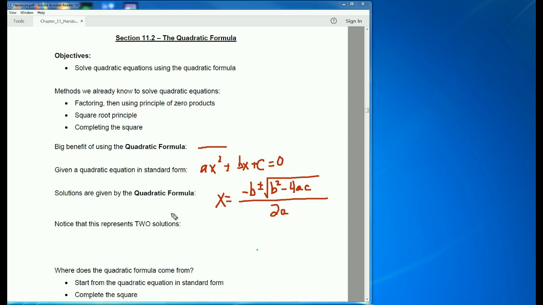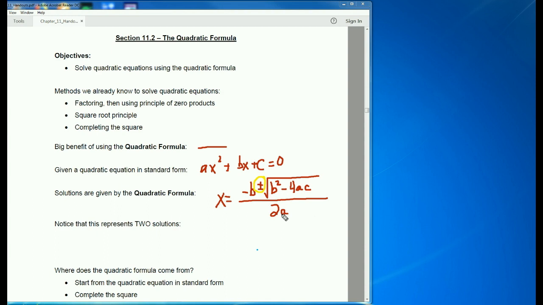Okay? And I do want to point out that this gives 2 solutions because of the plus or minus right here. Now, I don't want to write them both out. Again, just fat pencil. It's going to take me too long. But the first solution would be negative b plus the square root of b squared minus 4ac all over 2a. That's one answer.